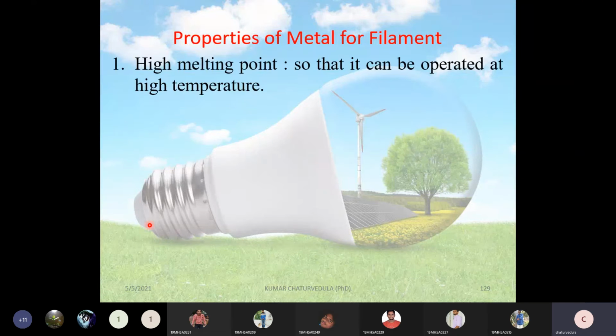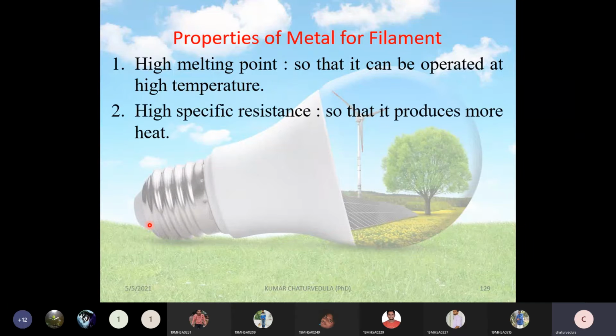The basic properties required for a filament lamp: it can be operated at high temperature, so it should have a high melting point. Second, it should have high specific resistance, which means it produces more heat. Then it should have a low temperature coefficient, which means the filament resistance should not change much with the operating temperature.